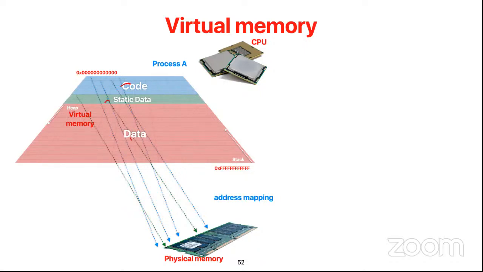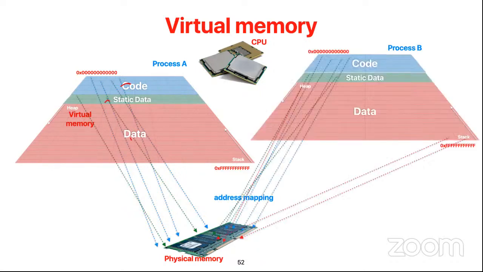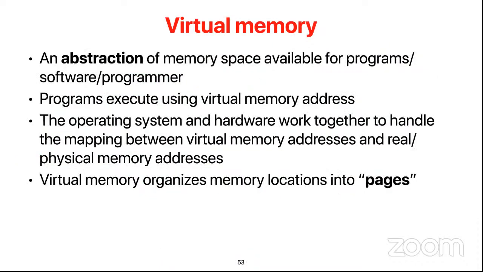And your operating system will, in the meantime, dynamically map part of the virtual memory data to your physical location. So that's the whole idea of virtual memory. In this way, you allow a single piece of physical memory to be multiplexed among different processes. That's the whole idea of the virtual memory abstraction.